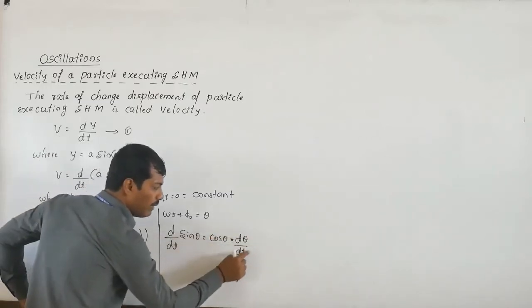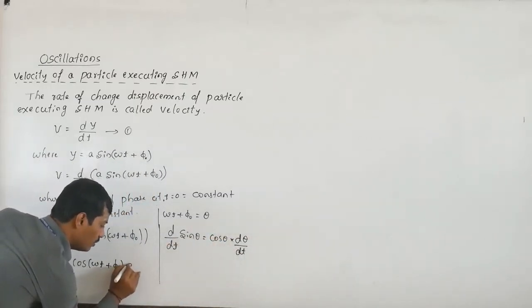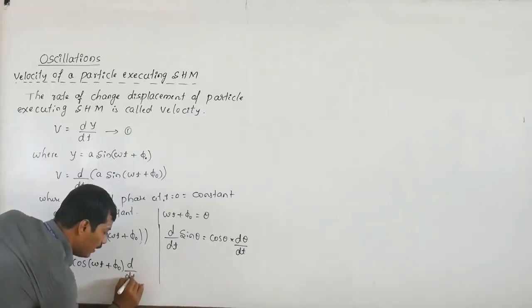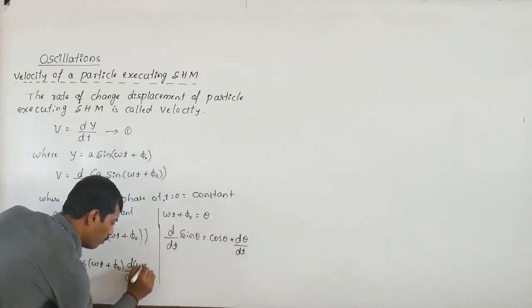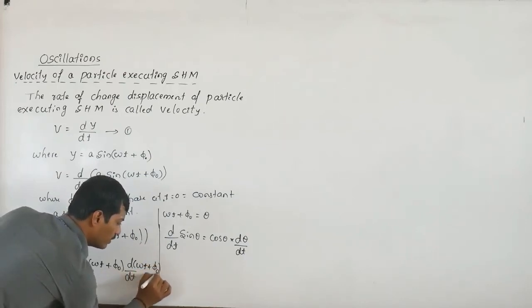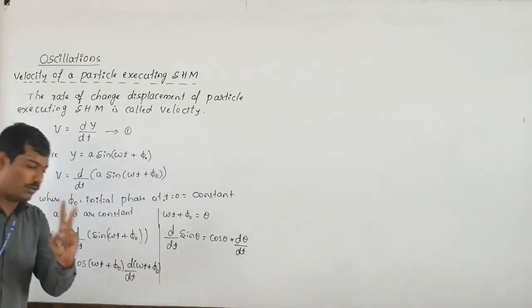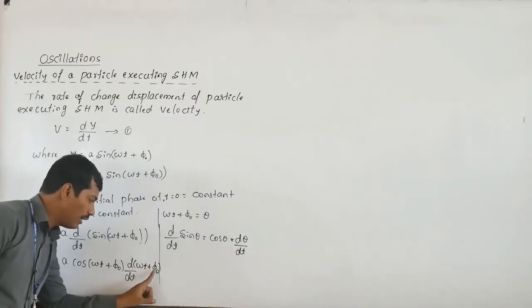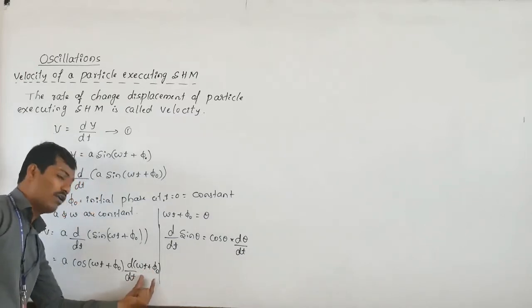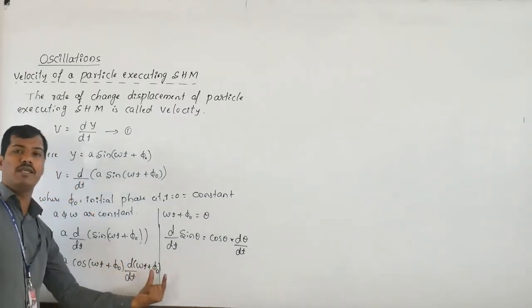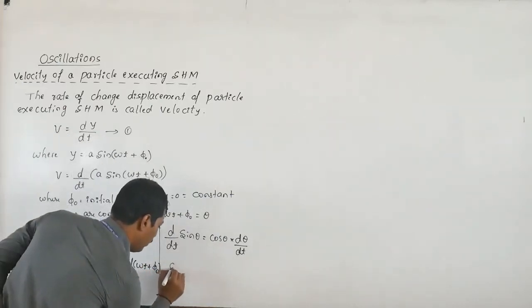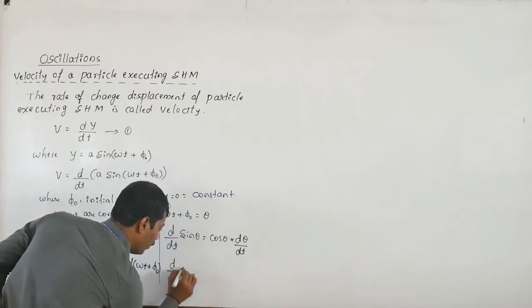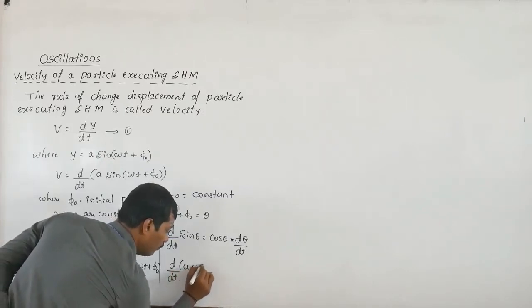After that, d theta by dt means d by dt of omega t plus phi naught. There are two terms: one is omega t and another is phi naught. This is in the form of differentiation of u plus v.